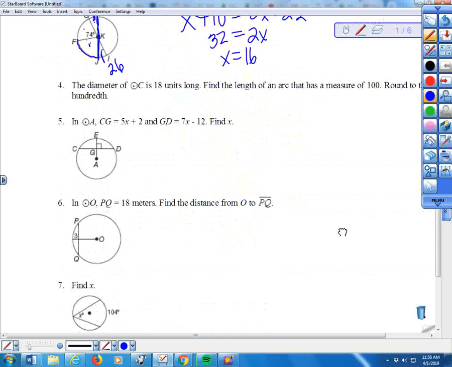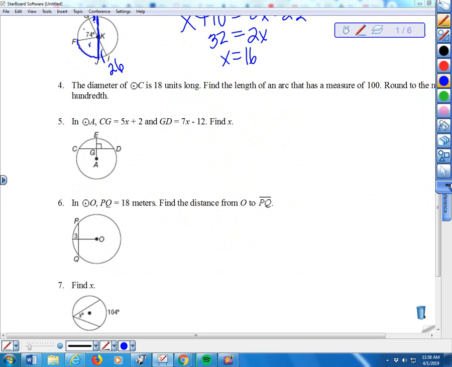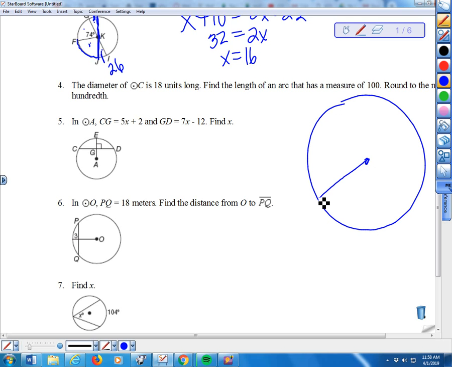The diameter of C is 18 units long. Find the length of an arc that has a measure of 100. Just call this 100. So this has 100 degrees, this arc measure. They want to find the length of the arc. Well, the length of the arc is proportional to the circumference, because circumference is the length of the whole circle.